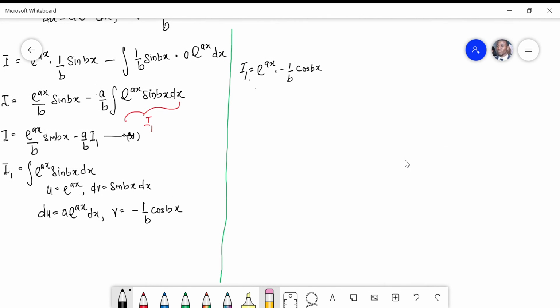Then minus integral v du. So the v is negative 1 over b cos bx, and du is a. So my I1 becomes this.